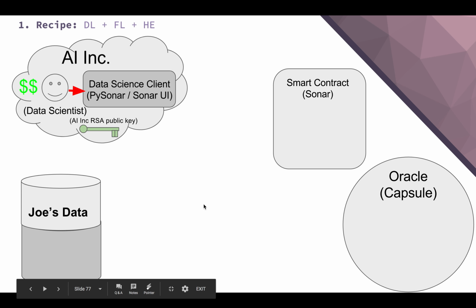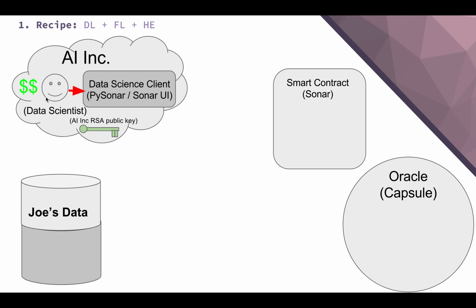So we have the same workflow here with a couple of small changes. On the data scientist side, everything will work the same, except he will also pass in his RSA public key this time. And then we have a third-party Oracle capsule service here. The thought is today that this will be a black box service, perhaps run by large cloud providers such as Google Cloud or Amazon AWS.